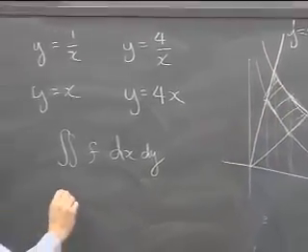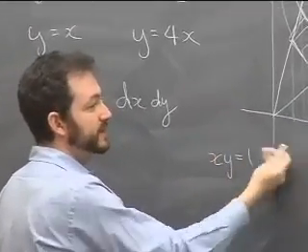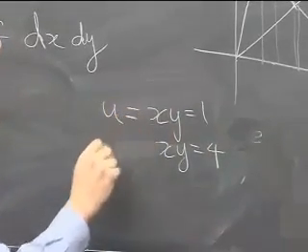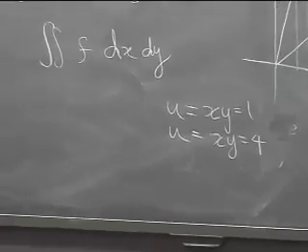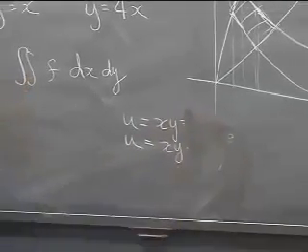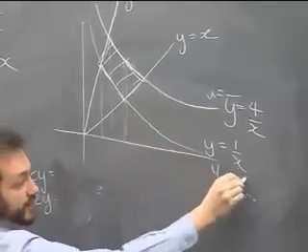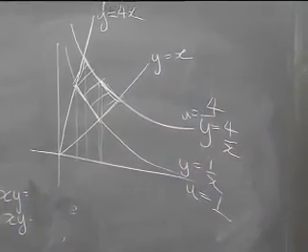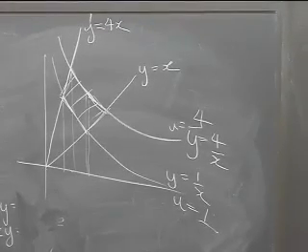So if you notice that y equals 1 over x is more like xy equals 1 and xy equals 4, suppose you call this u. Well, xy is u. Okay. So then this is u equals 1 and this is u equals 4. So we've made those curves simpler.